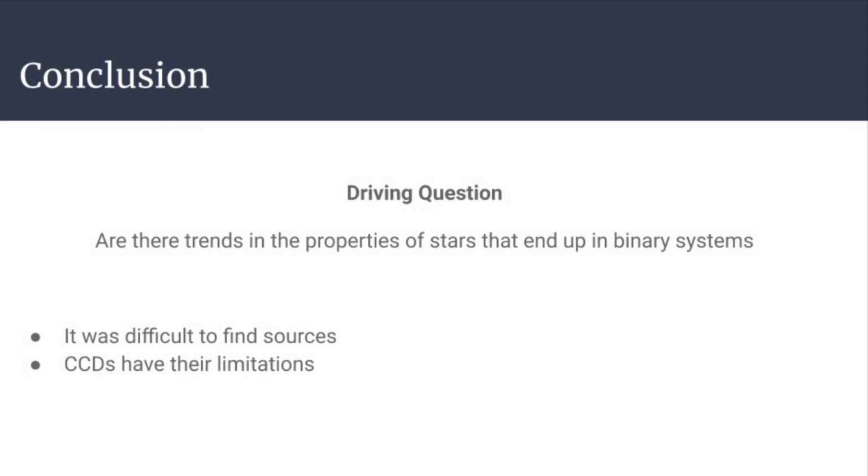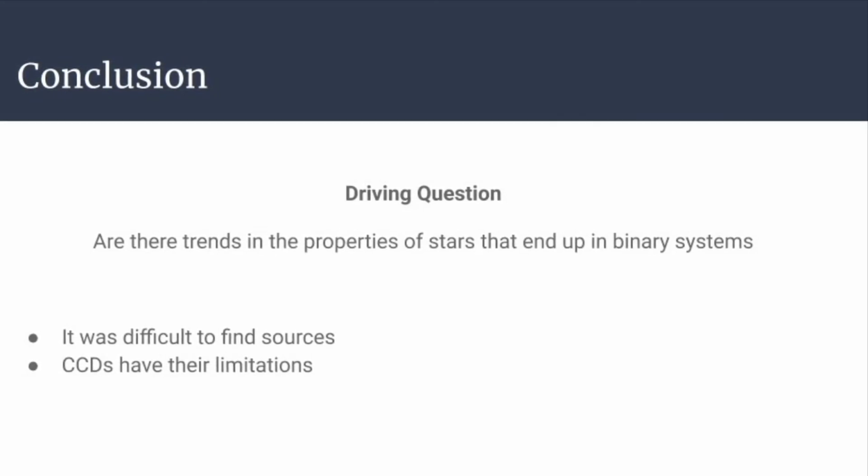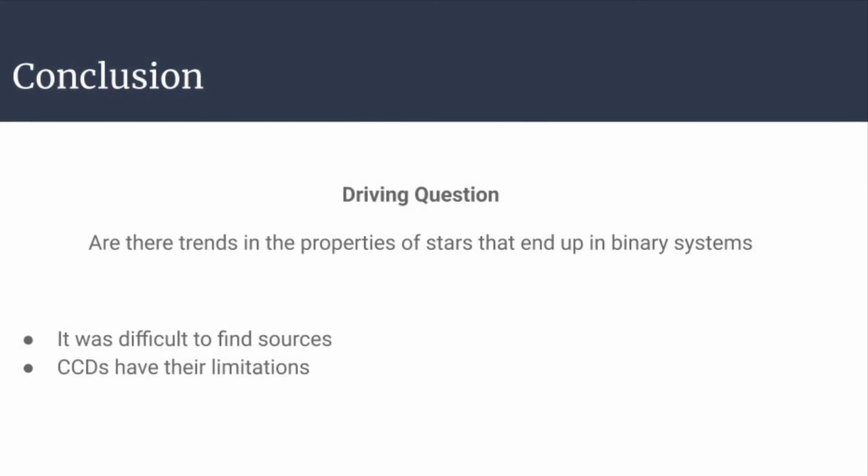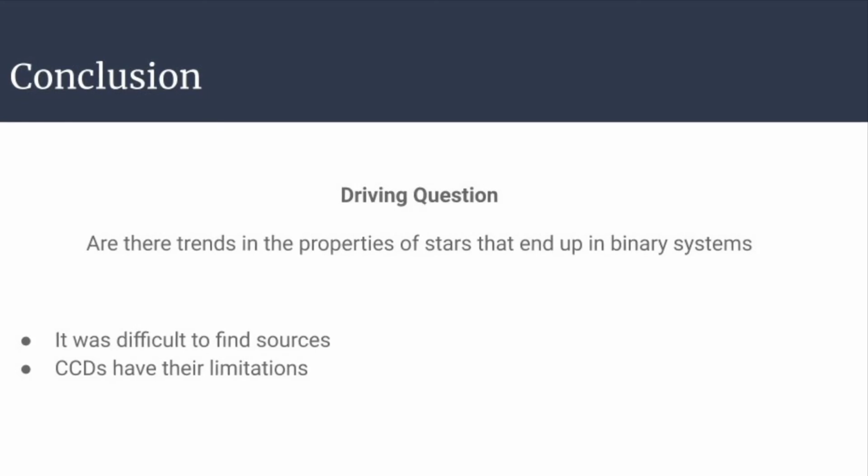We ended up finding 5 sources that were both in Sinbad and that we could analyze in DS9. These sources, unfortunately, provided saturated images, which gave us skewed results for values such as the luminosities. We know that these saturated images occur due to the limitations of CCDs and their sensitivity.